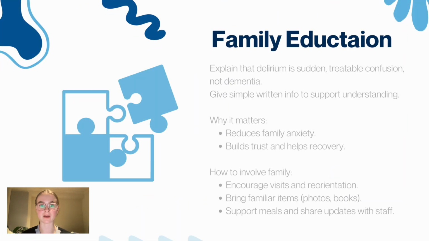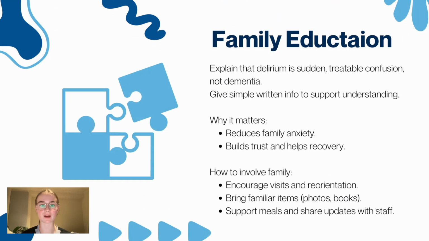Lastly, educating the family. Making sure that the family understand that delirium is sudden and temporary confusion and that it is not dementia, and it is reversible with treatment, as she will be undergoing the IV antibiotics. This is caused by illness, infection, surgeries, or medications. In Elizabeth's case, this is caused by a UTI.